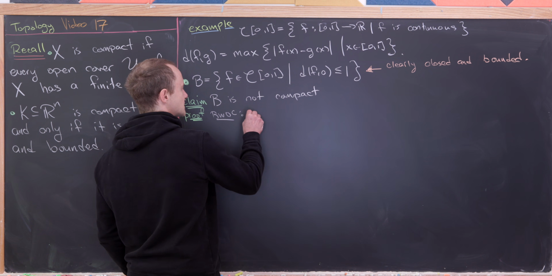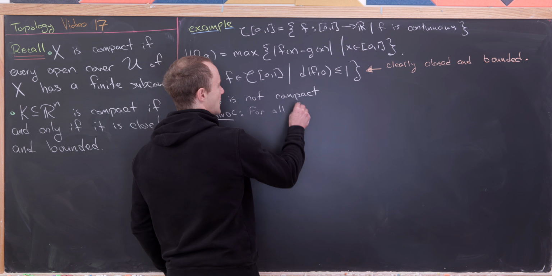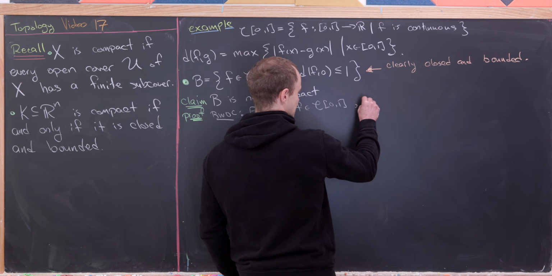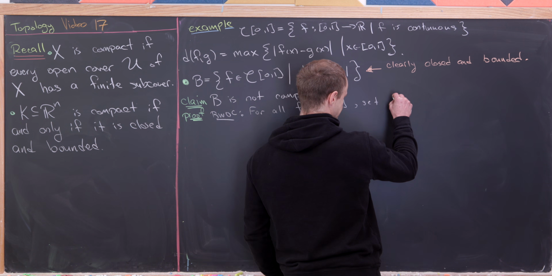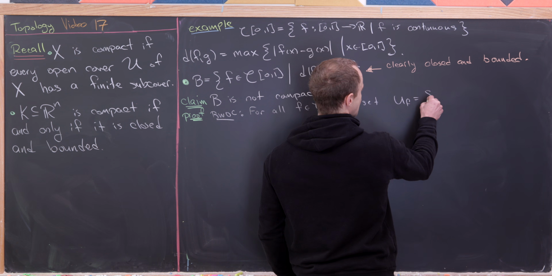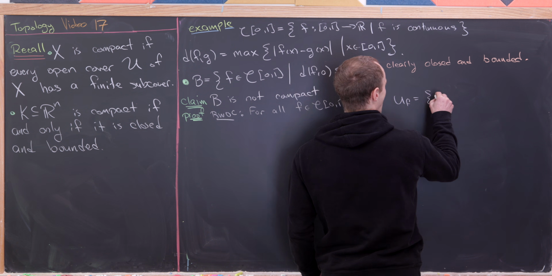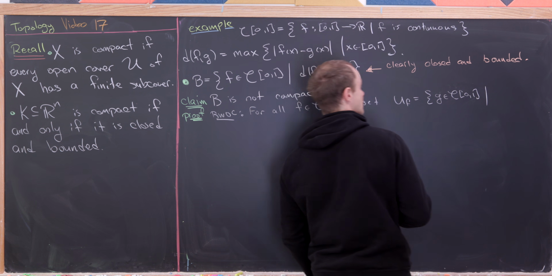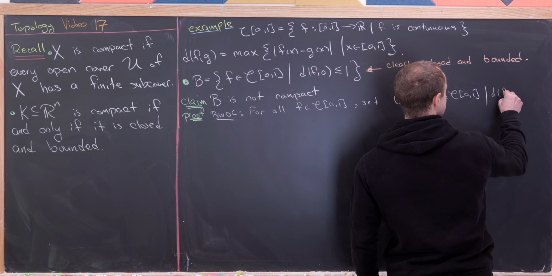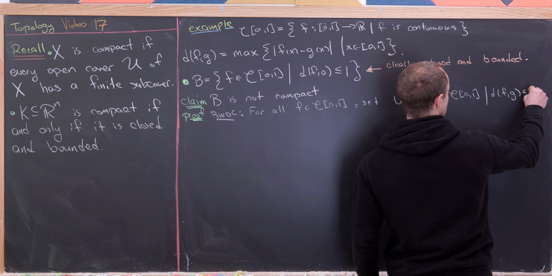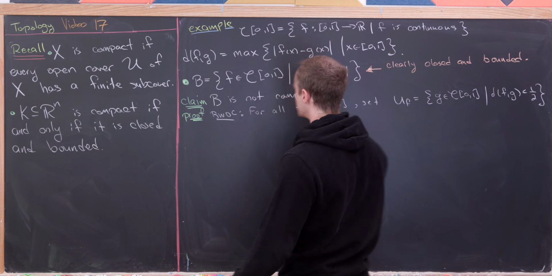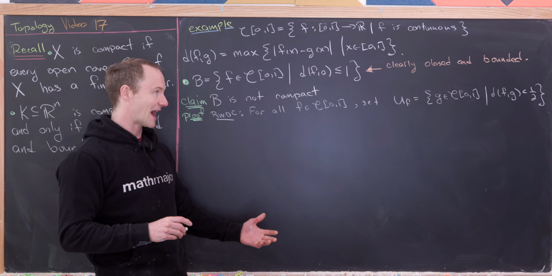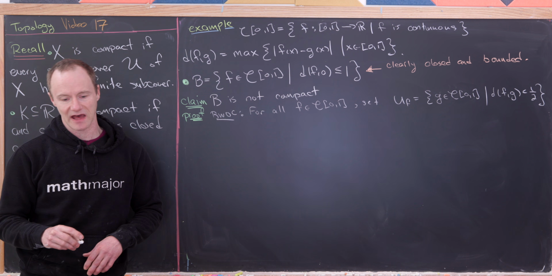Okay, so for all f inside of C[0,1], let's set U_f equal to all functions g, continuous functions on the interval from 0 to 1, so that the distance from f to g is less than 1/2. So in other words, these are simply open balls of radius one half centered at the function f.